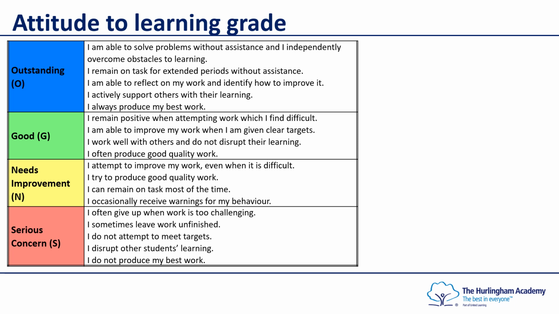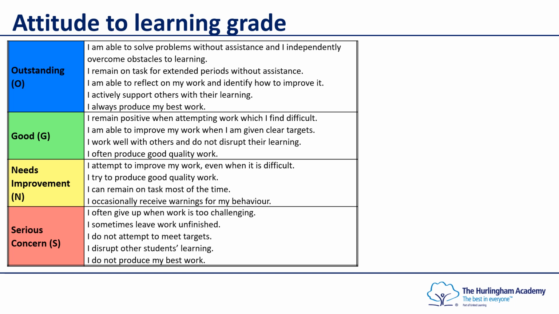Students who were graded N for needs improvement or S for serious concern must work hard to improve their attitude in that subject this term. Students graded N may have demonstrated inconsistent levels of effort in these lessons, or may have received warnings for poor behaviour across a series of lessons.